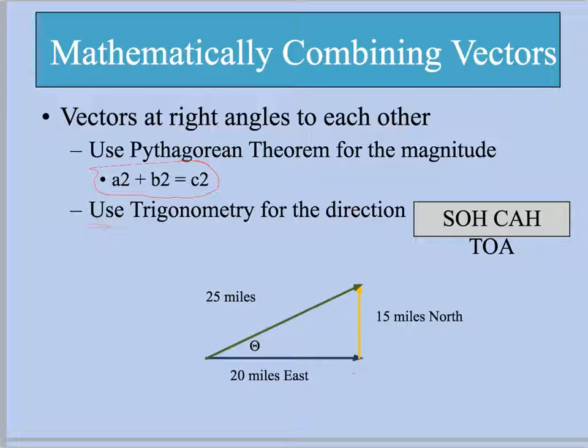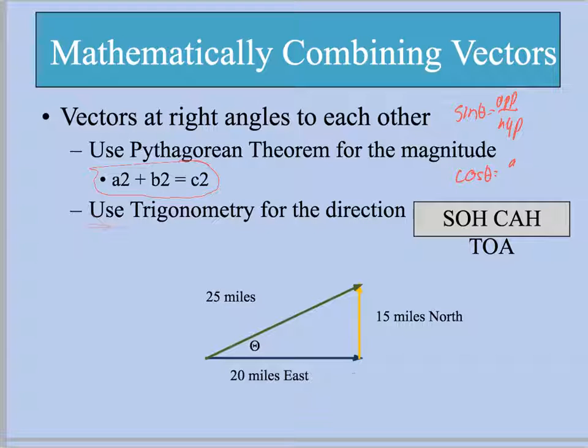and SOHCAHTOA. Now, if you don't know what SOHCAHTOA means, SOH is sine is opposite over the hypotenuse. CAH is cosine, and then of course it's the sine of the angle. Usually our unknown for an angle is theta, and theta has this little circle with the line going through it.